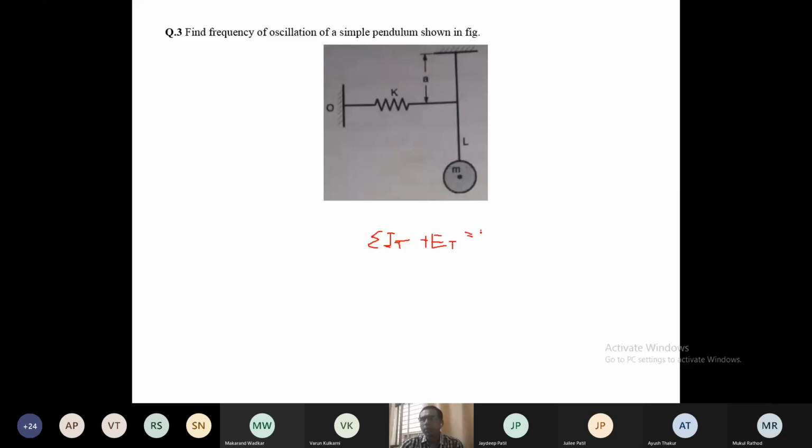Now I have to displace this system from its equilibrium position. I have to displace this mass at an angle theta. This angle is theta.